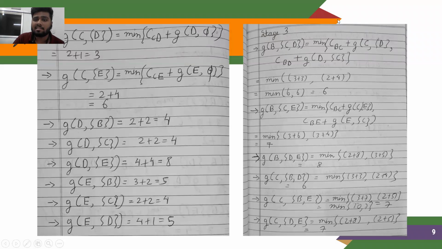So CD minus D, because the formula was set minus J. After subtracting, CD minus D, I get D. By this, I have applied the formula to these functions. So I have made the other possible subsets for these, and I have written the minimum value for this.